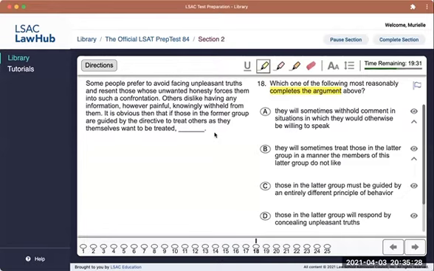But I still stand by my recommendation that you read the question stem first. Why not allow the clues that you comprehend by reading that to influence your reading of the stimulus as well. So I still stand by that recommendation.